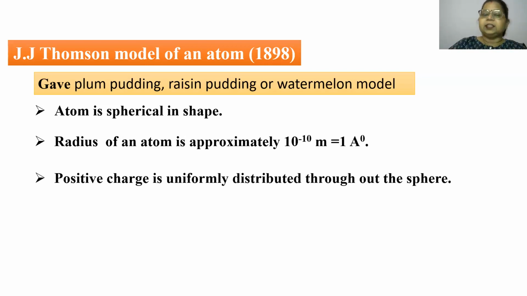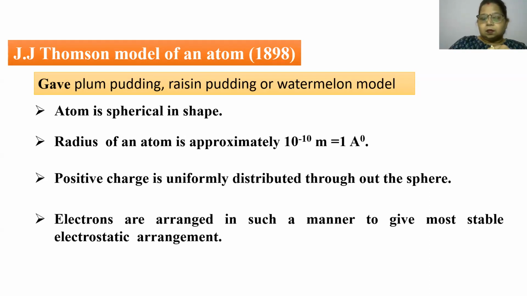And then, as you rightly said, the positive charge is uniformly distributed throughout the sphere. So electrons are arranged at such a distance that proton and electron do not collide with each other. They are at a proper distance, with specific energies maintained, and the atom as a whole becomes stable, right?